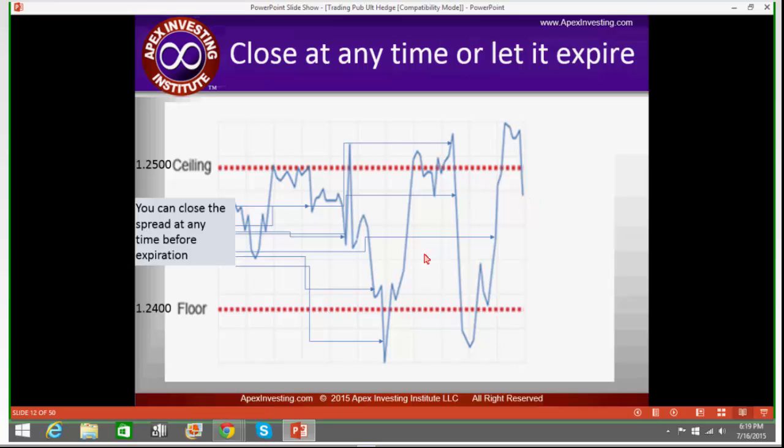So we would have got the difference of 24.10 to 24.80, which would have been $70. We would have made more if we'd closed it out at the ceiling. So if a spread goes all the way to your max profit, there's no reason to leave it open. You can't make any more. All you can do from there is potentially lose if it goes against you. So it's best to close it out there.